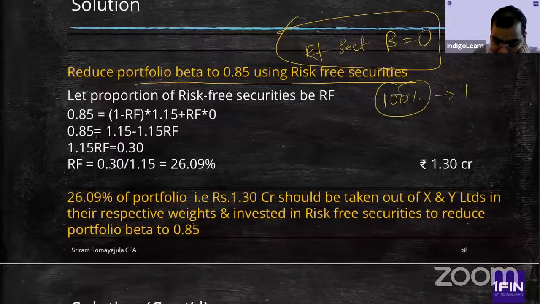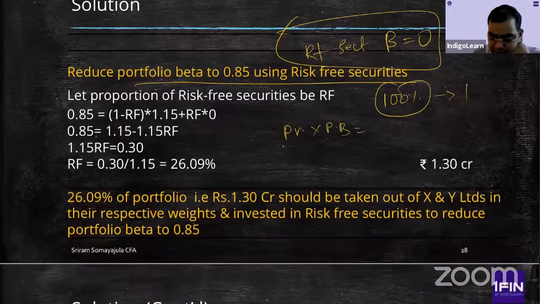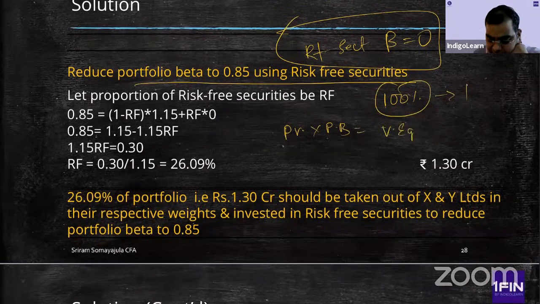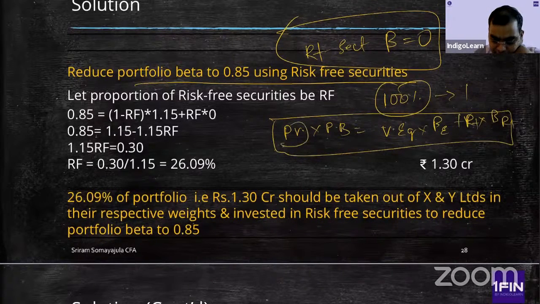Then portfolio value into portfolio beta is equal to the value of equity shares into beta of equity plus value of risk-free into beta of risk-free. This is the portfolio beta formula. So portfolio value into portfolio beta will be a summation of equity value into equity beta plus risk-free asset into risk-free asset beta.